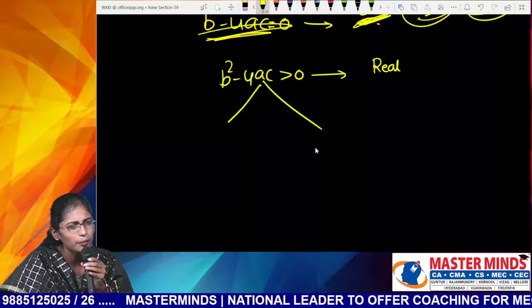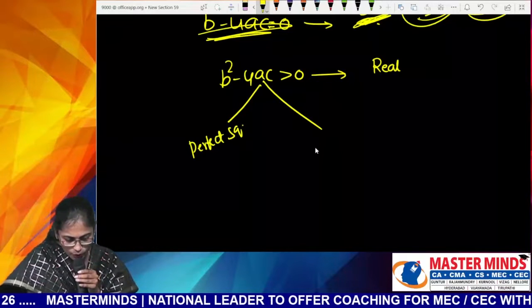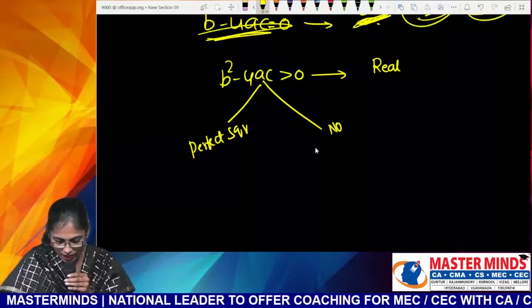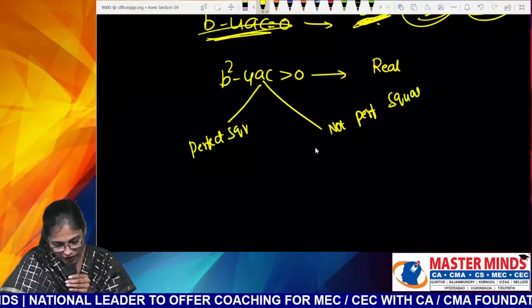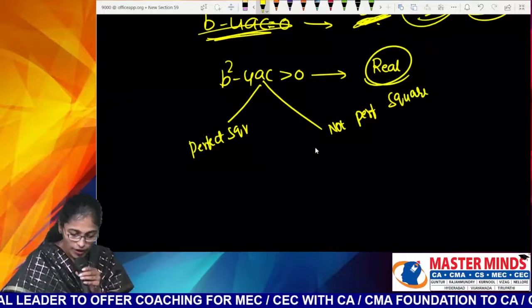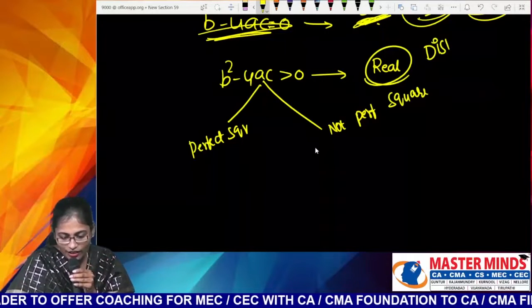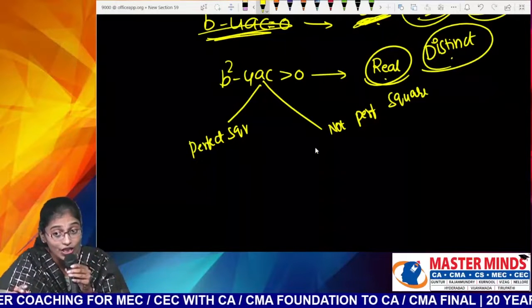A perfect square and not a perfect square. What happens if it is a perfect square, and what happens when it is not? In both the cases the roots are real, and in both the cases the roots are distinct.